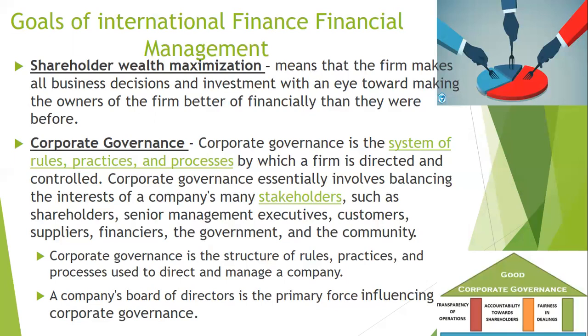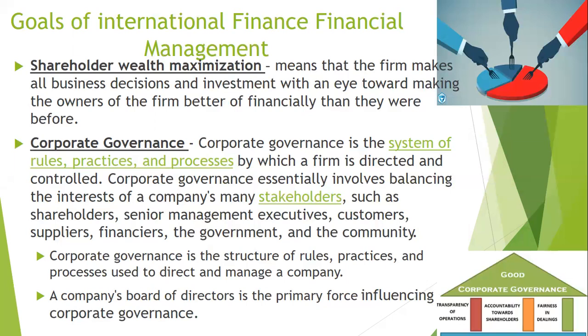Next is corporate governance. As I mentioned a while ago, the communities are part of the stakeholders, and this is part of corporate governance. Corporate governance is a system of rules, practices, and processes by which a firm is directed and controlled.